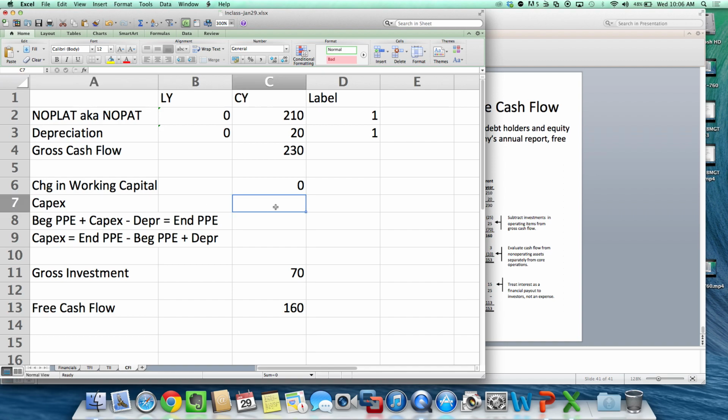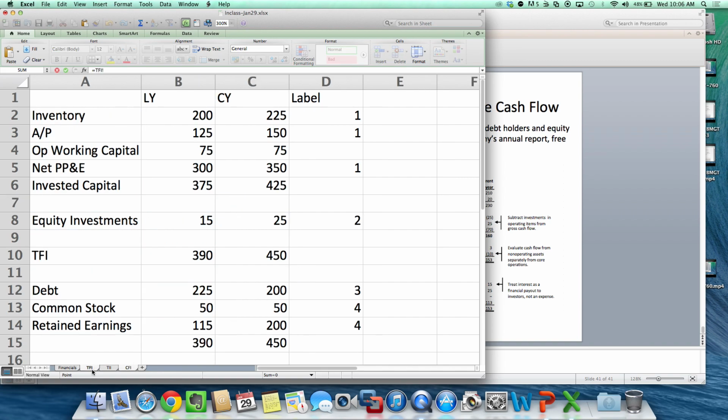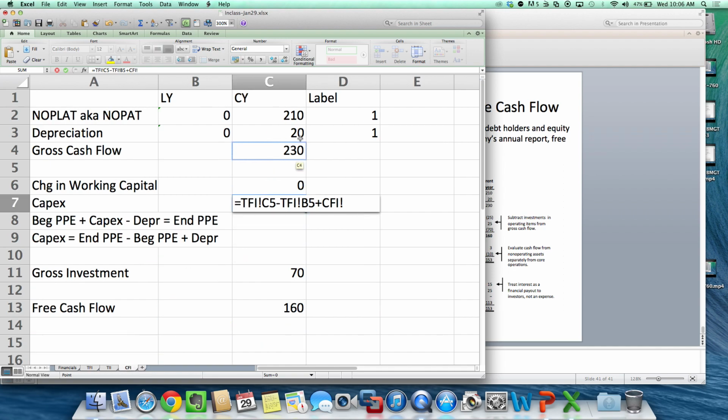So, how do we solve for CapEx? Equals, back here, ending PP&E, TFI, minus beginning PP&E, plus current year's depreciation, 70. 70, 70. That's my gross investment. Why is gross investment change in invested capital plus depreciation?